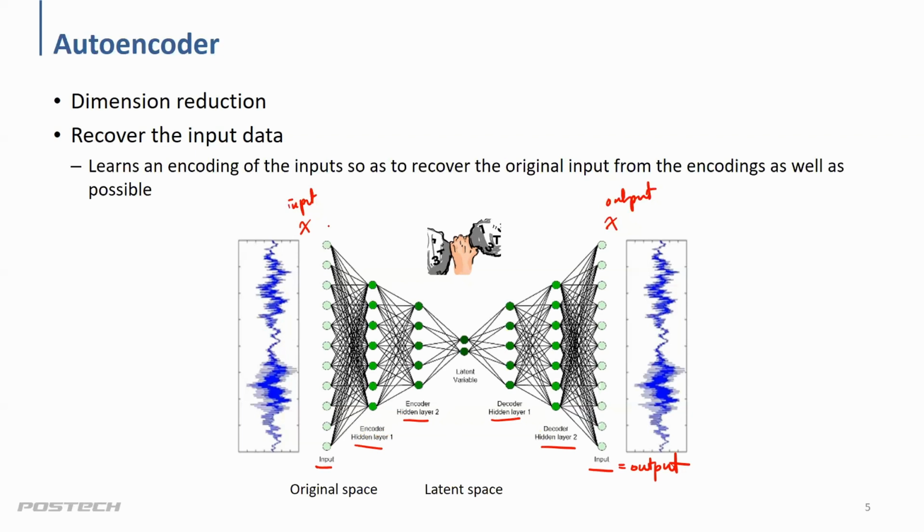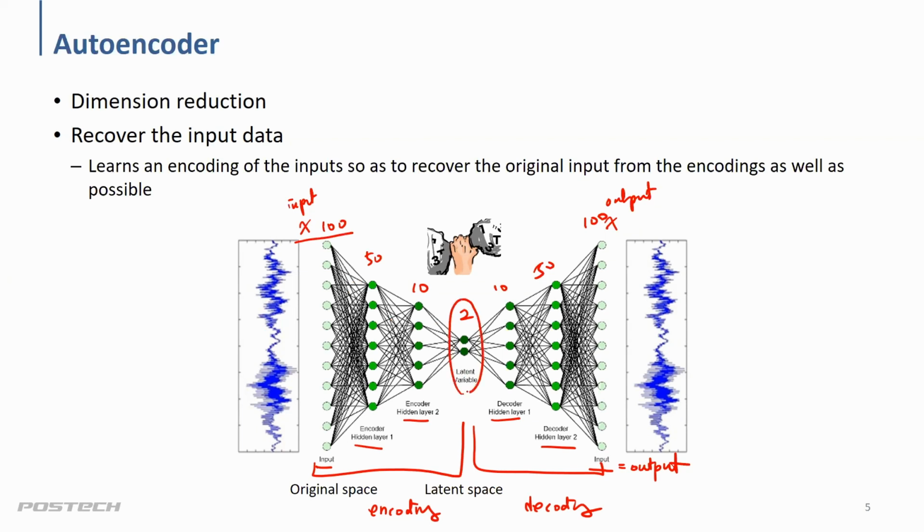And suppose we have, say, 100, 50, 10, 2, 10, 50, 100. We call this part encoding, and the later part decoding. For the data set, suppose we have only 2 neurons in the latent space.